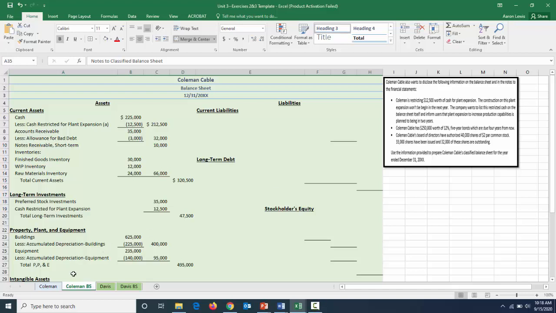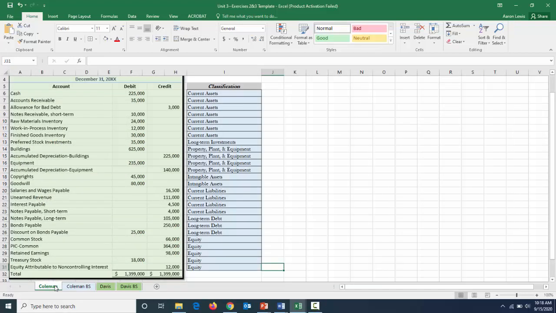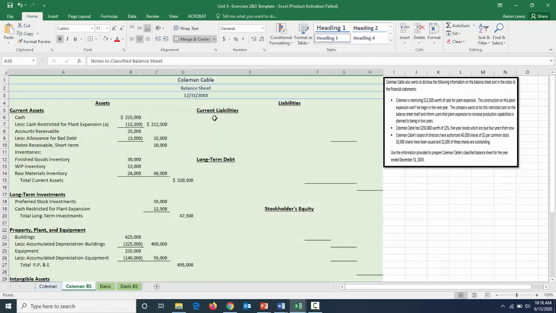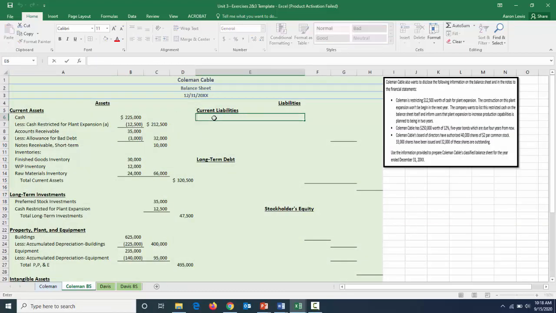So let's start with our liabilities, and we're going to start with the first one we have listed. We have salaries and wages payable. Okay, we can throw that up into our balance sheet over here. Let's make that happen. We have salaries and wages payable, and the amount of salaries and wages payable that we have at the current time is $16,500.